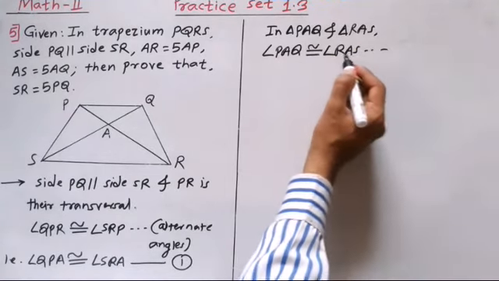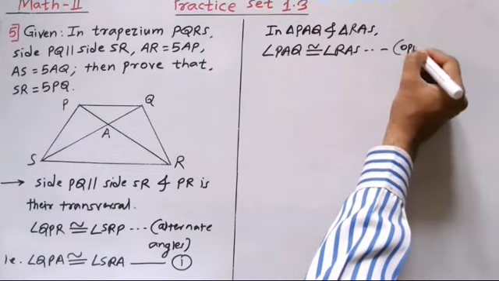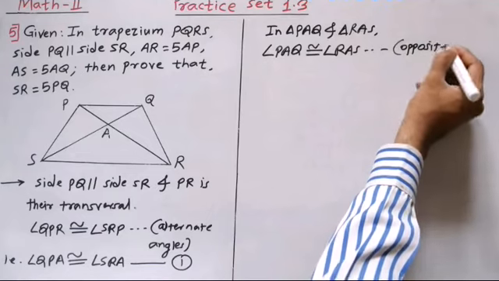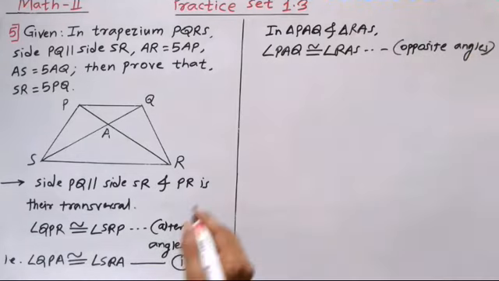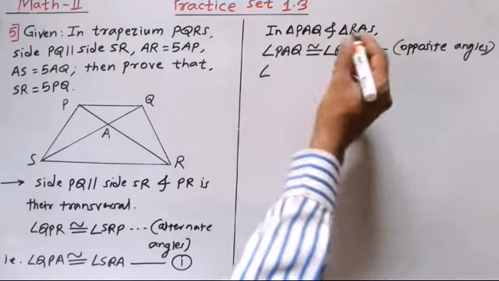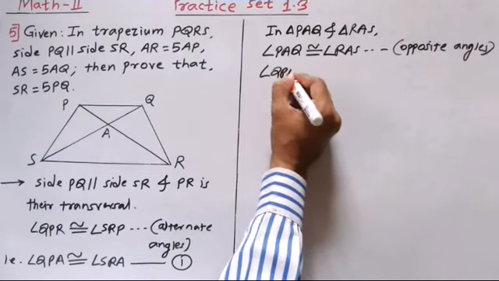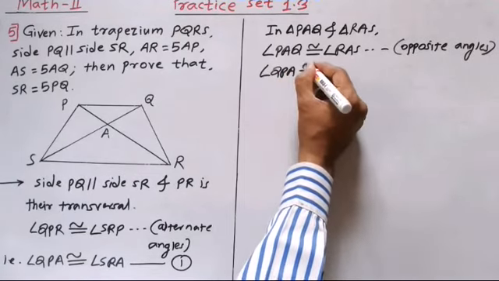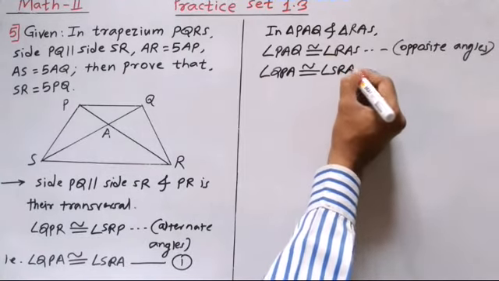Now angle A is congruent with angle A, it means that they are opposite angles. The reason is opposite angles. Second angle of these two triangles, angle QPA, is congruent to angle SRA.